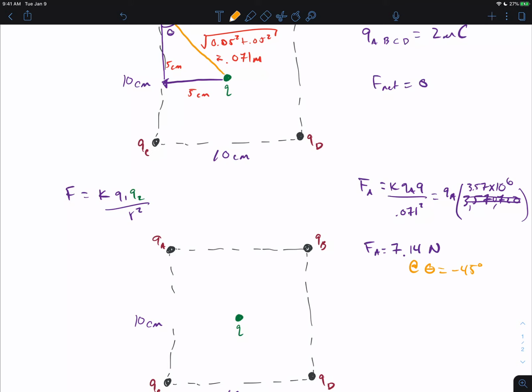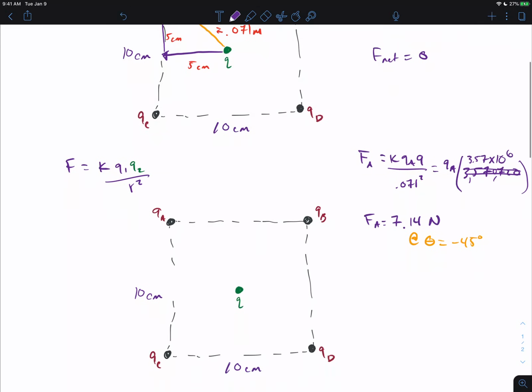So if I draw my triangle again, this is a slightly different triangle now because it's force. It's still coming from QA to Q, right? I want to know what the x component and the y component are. I have to take this vector and decompose it, just like you would for forces in 1401, in your College Physics 1 course.